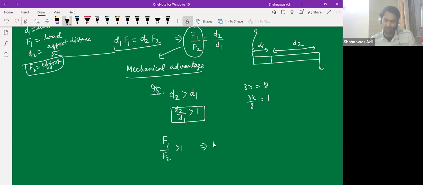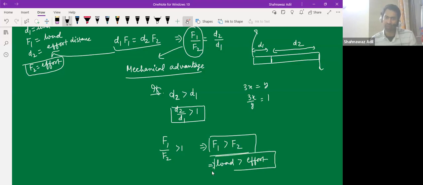So your F1 would be greater than F2, which means that if you apply a small effort, your load is greater than your effort. This is what you want in the lever, right? You want a minimum effort so that you get a greater lift.